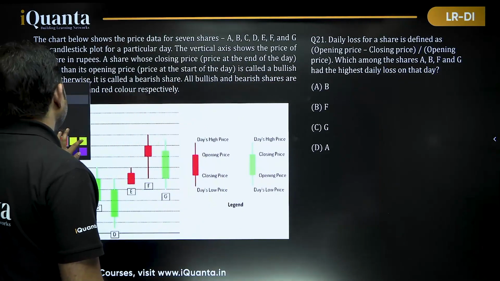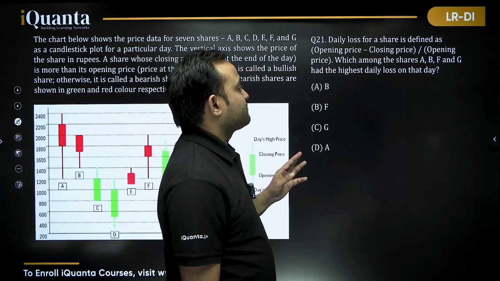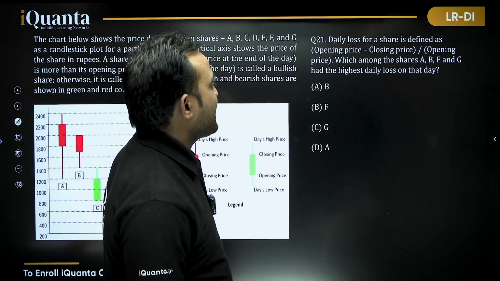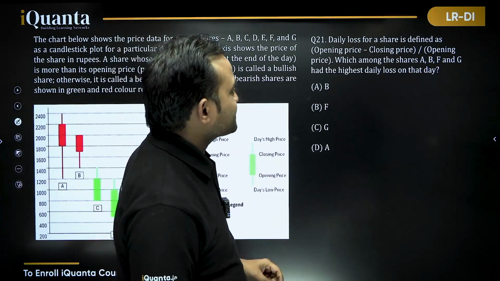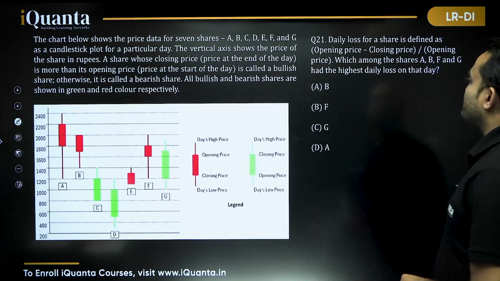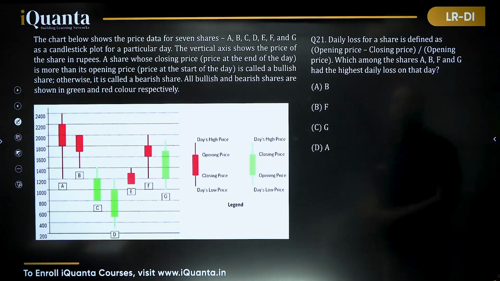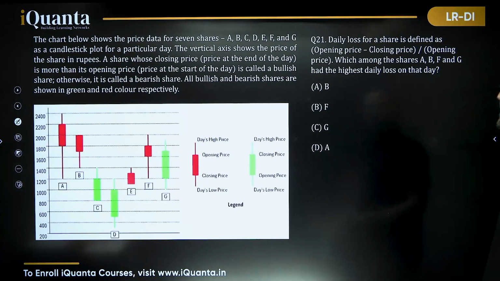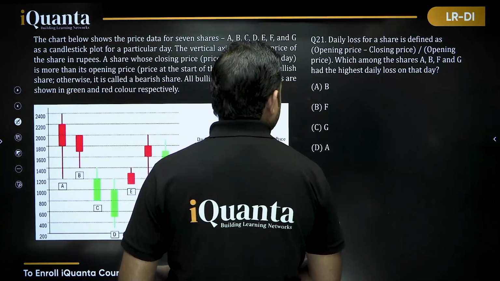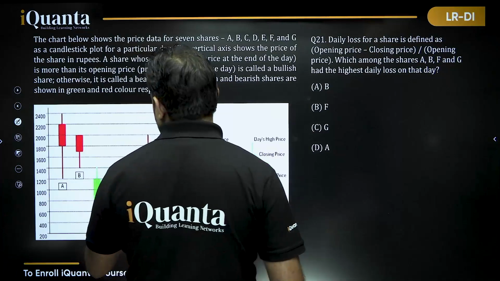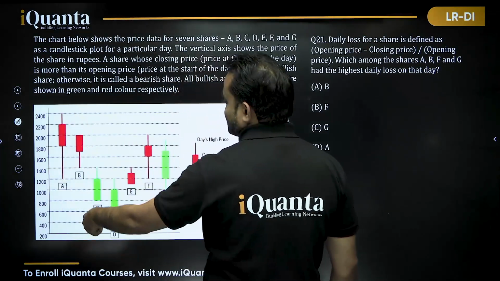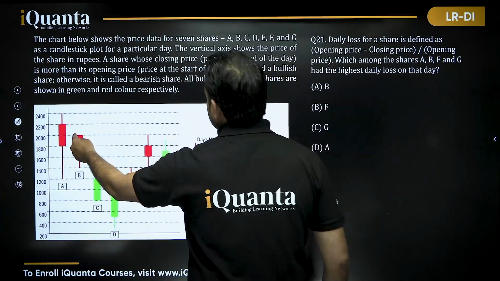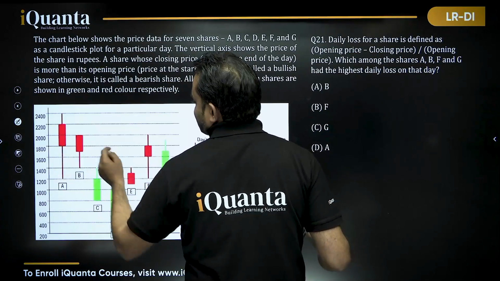Now, next one, it says daily loss for a share is defined as opening price minus closing price divided by opening price. Which among the shares A, B, F, G had the highest daily loss on that day? So in case of B, B is a bearish share. So opening price is 2000, closing price is 1700.